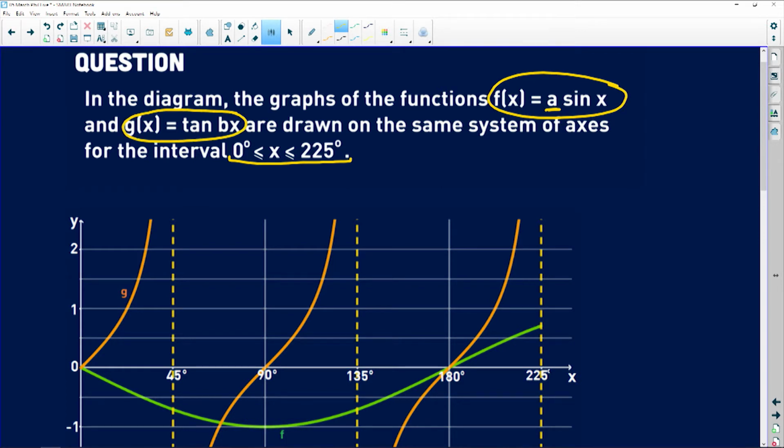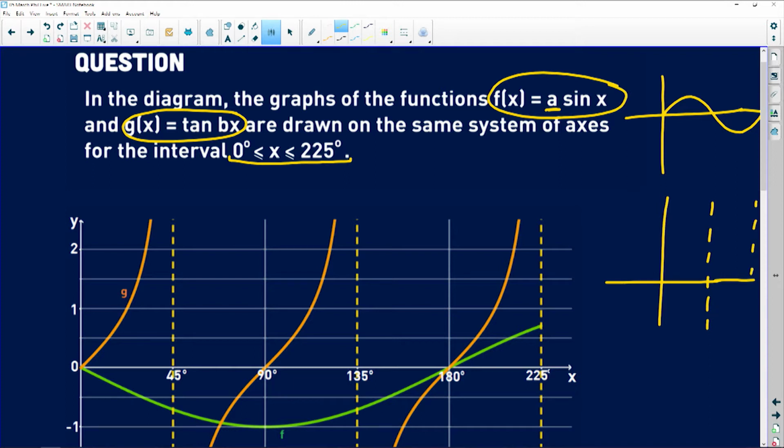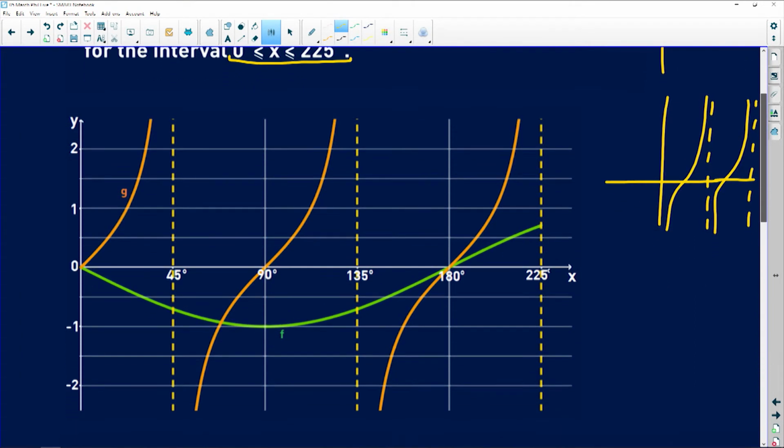Okay? Know that sine of x starts at 0, 0 and repeats every 360. Know that tan has asymptotes at 90 degrees, 270 degrees, and then it looks all weird. Okay, so make sure you know what the mother graphs look like so you can identify transformations.